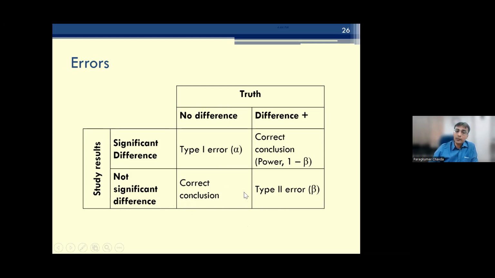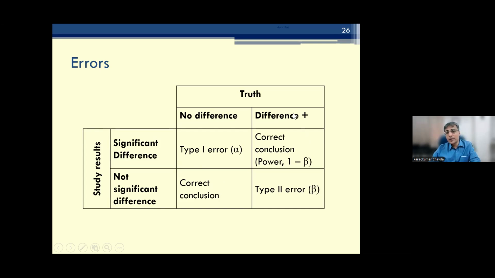So we want to keep that probability at 95%. So the probability of finding a significant difference, which is alpha error, is 5%. So we do not wish to keep alpha error more than 5%, and hence we keep the confidence level at 95%. That's what we feed in most of those studies.